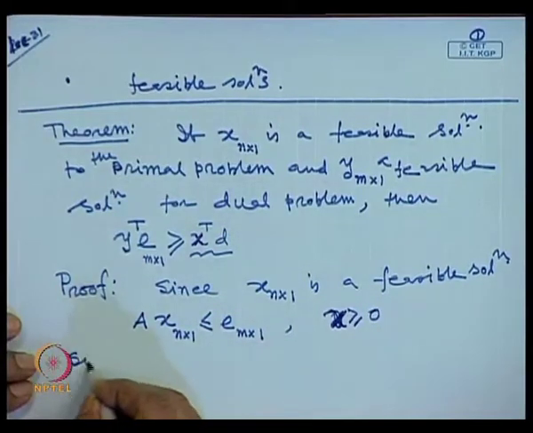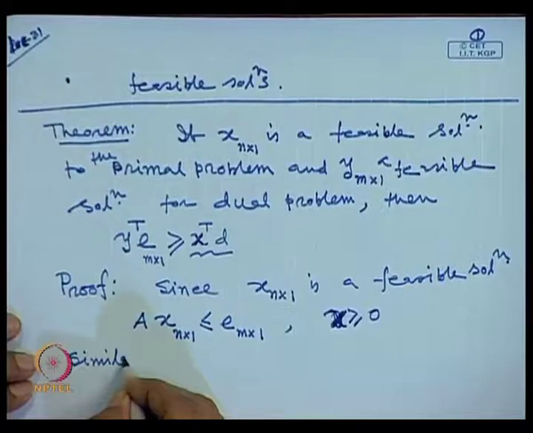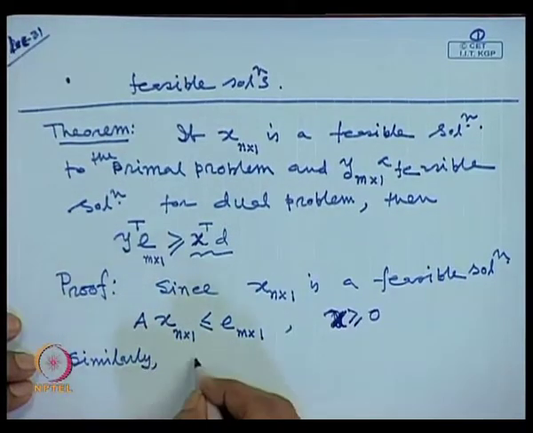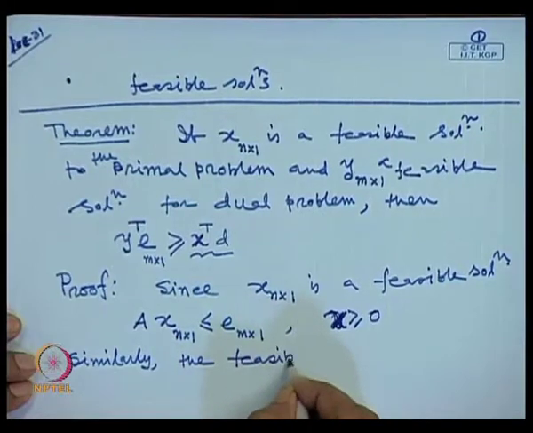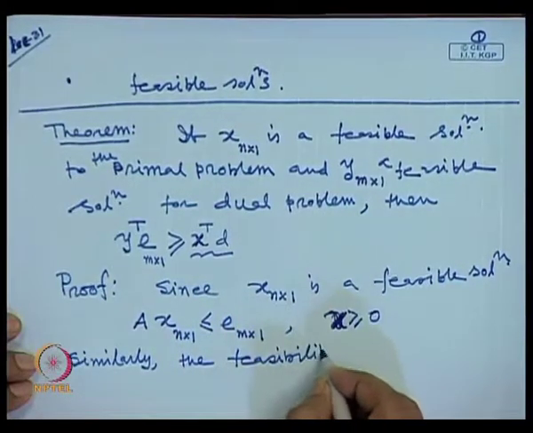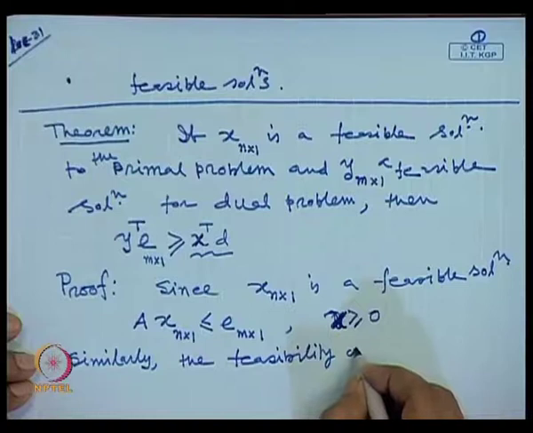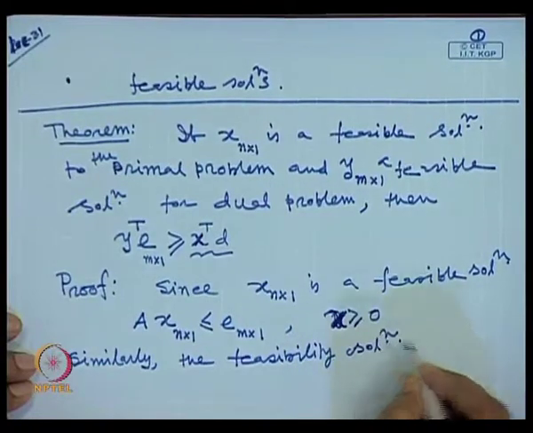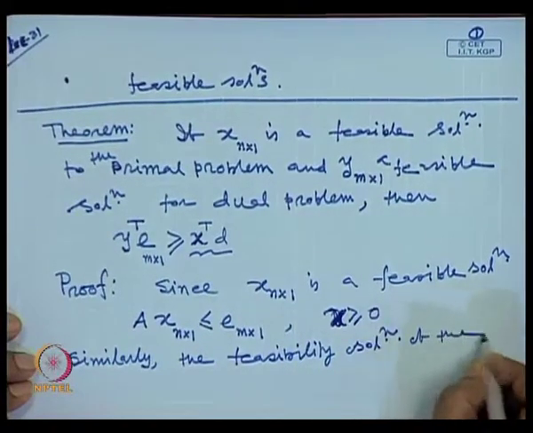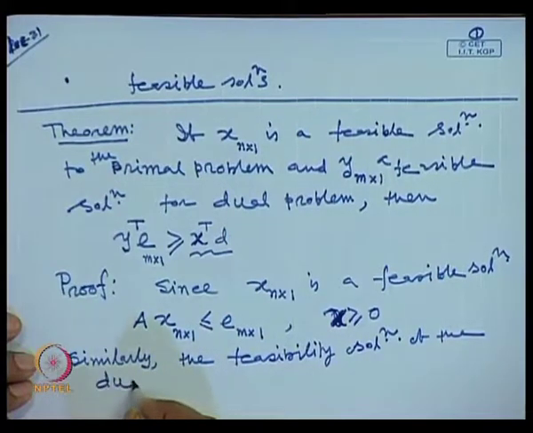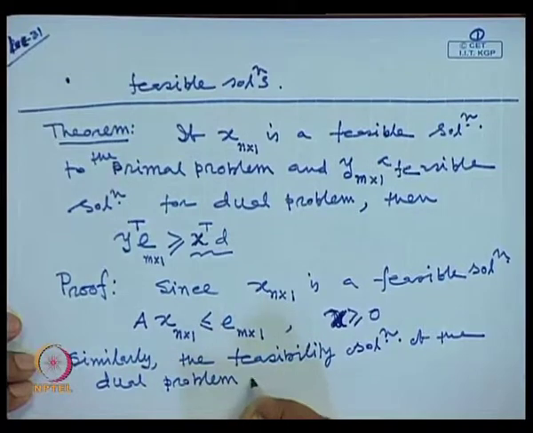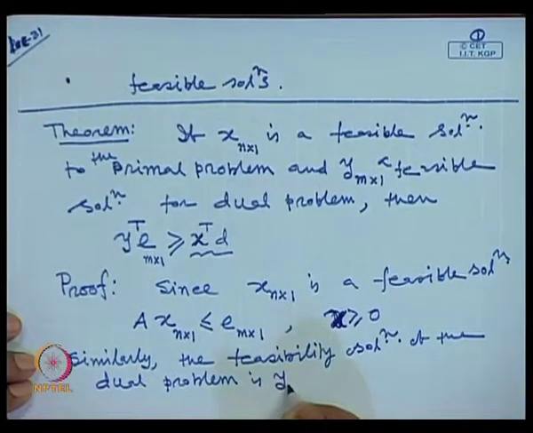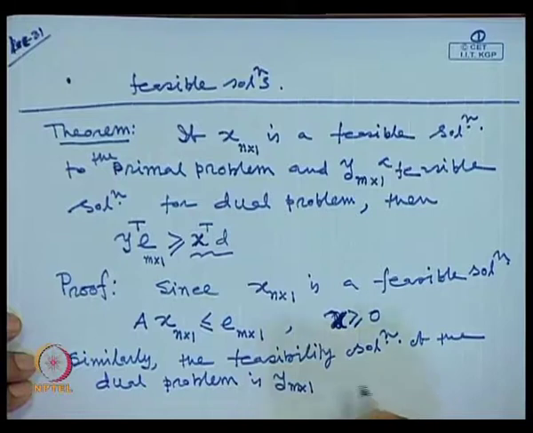Similarly, in the dual problem, the feasible solution of the dual problem is y, with dimension m cross 1.